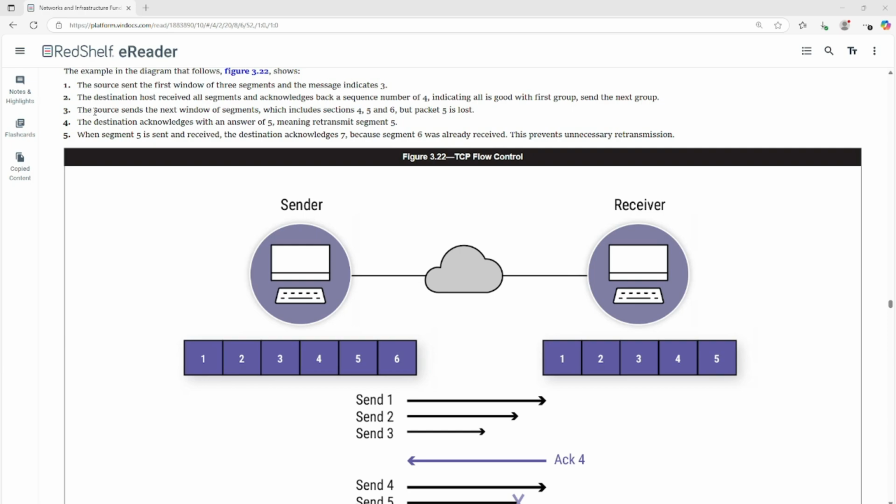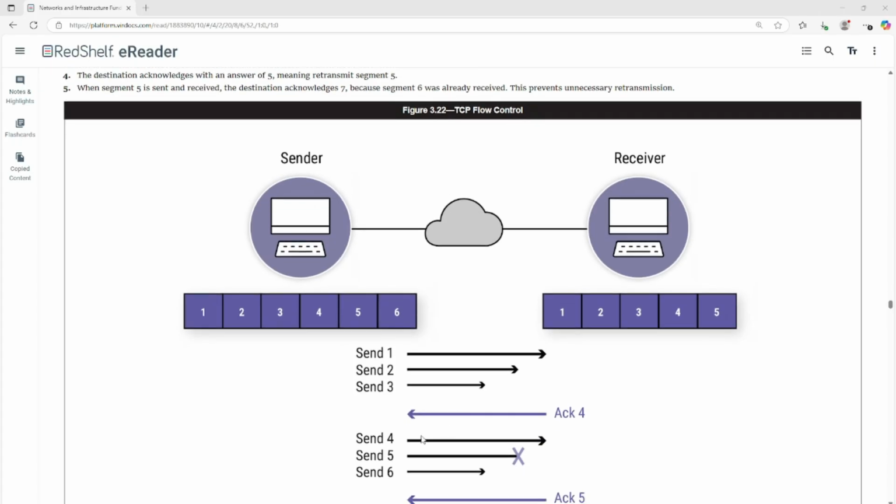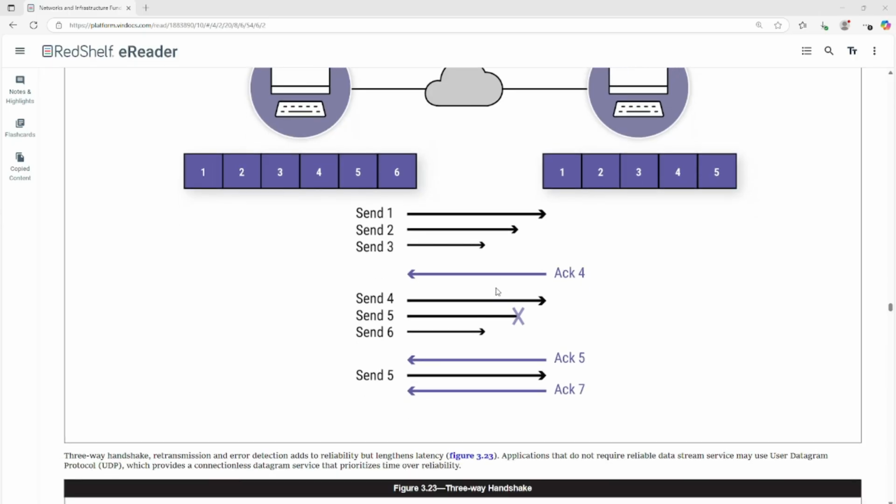The source sends the next window of segments, which includes segments 4, 5, and 6, but segment 5 is lost. When segment 5 is sent and received, the destination acknowledges 7 because segment 6 was already received. This prevents unnecessary retransmission.